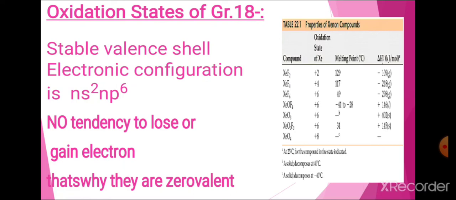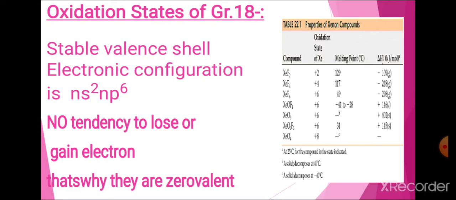Xenon has higher atomic size. Here, xenon, the fifth member of this group, has higher atomic size and lower ionization enthalpy than other group members. Hence xenon exhibits higher oxidation states. Its outermost shell has d orbitals.